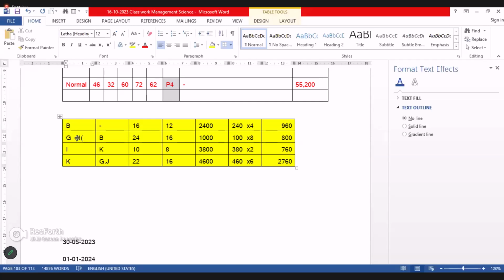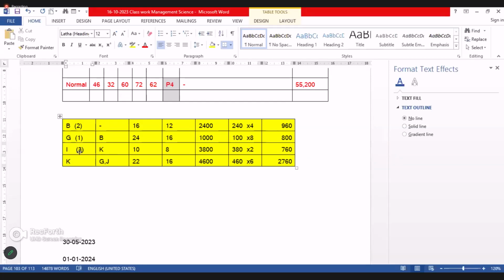Here 1. The second lowest is 2, second priority. The next lowest is 5, that is the third priority.